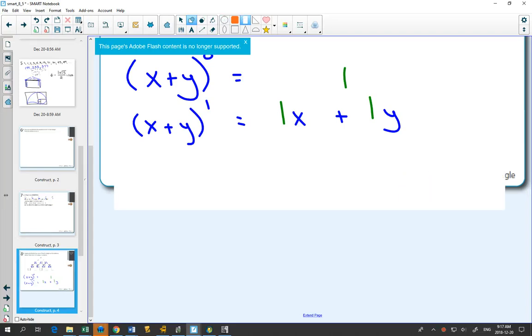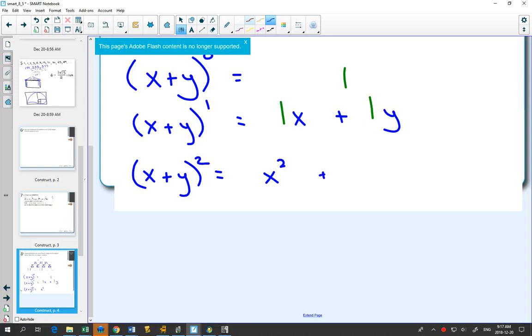If we did x plus y squared, you'd FOIL that out, right? Combine your like terms, you'd find out that you get x squared plus 2xy plus y squared. Oh, you happen to have 1y squared, 1x squared, and 2xy's.